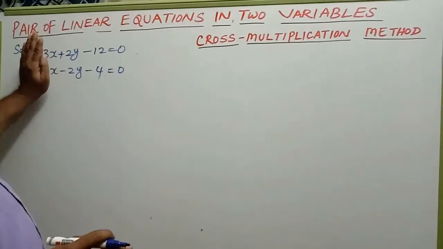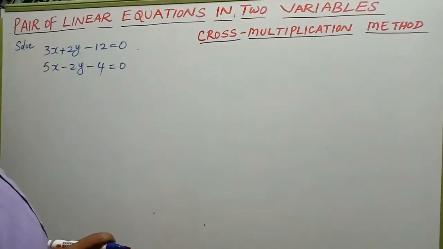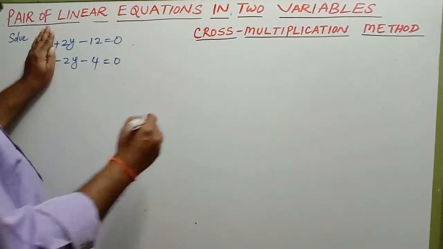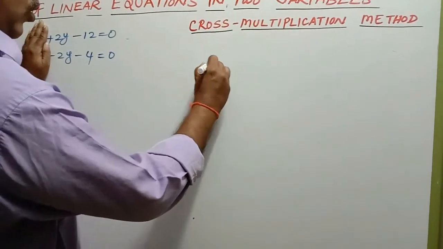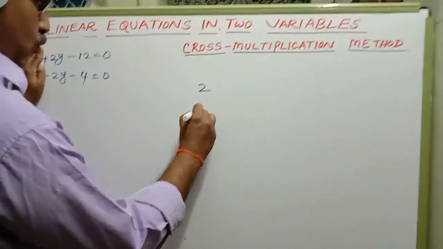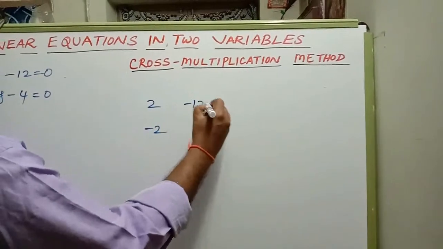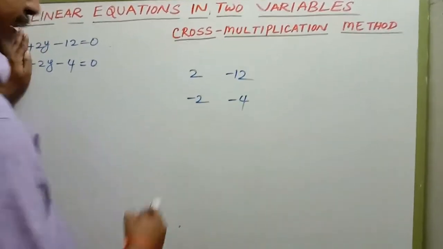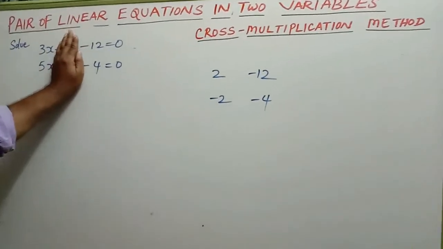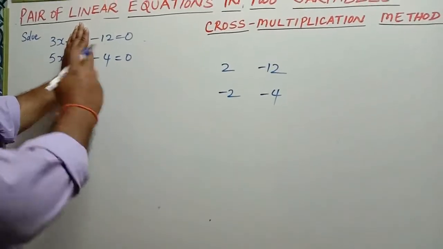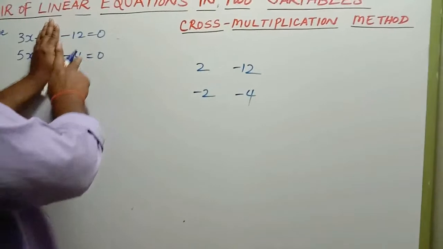Forget about the x coefficients. First, you write the y coefficients: 2 and minus 2. And the constants: minus 12, minus 4.